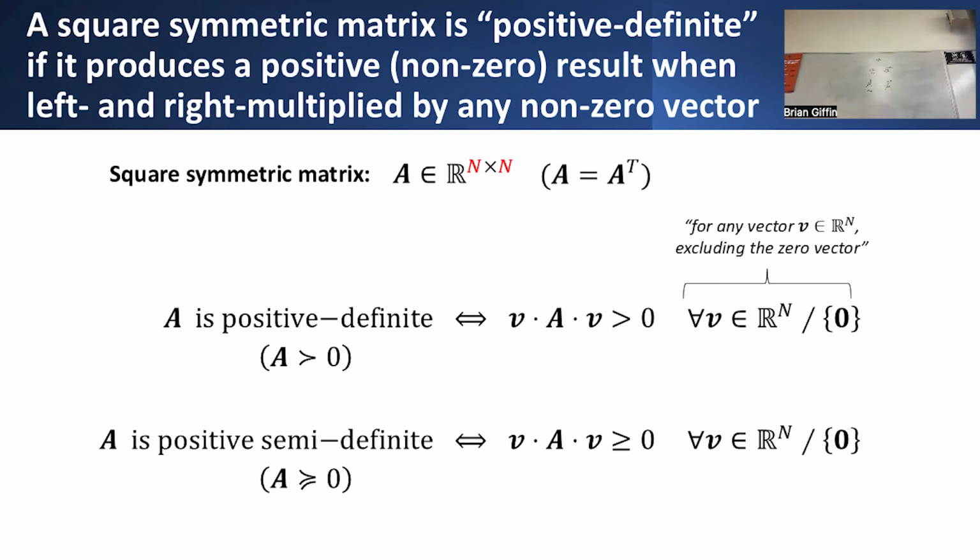The only difference is that you'll get a value that's either positive or zero. The key thing here is that if a matrix is only positive semi-definite, then it is not invertible. That's the main takeaway I want you to have. So in general, positive semi-definite matrices, not invertible. Positive definite matrices, definitely invertible.